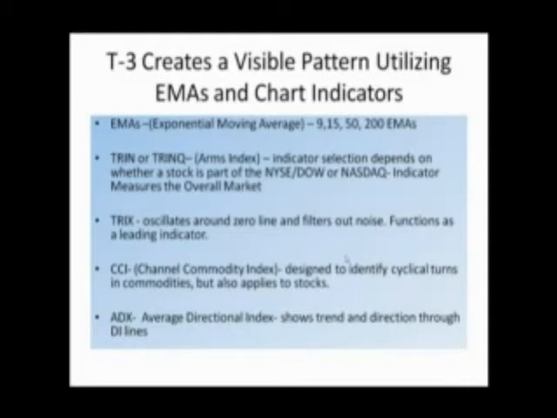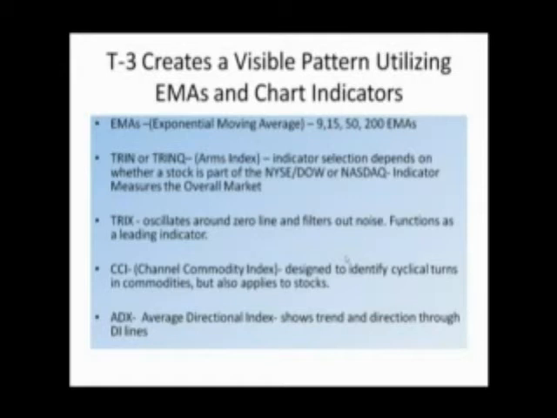The TRIX oscillates around the zero line and filters out noise. It functions as a leading indicator, and it's quite like the MACD or the PPO. The CCI, Commodity Channel Index, is designed to identify cyclical turns in stocks from being overbought to oversold.